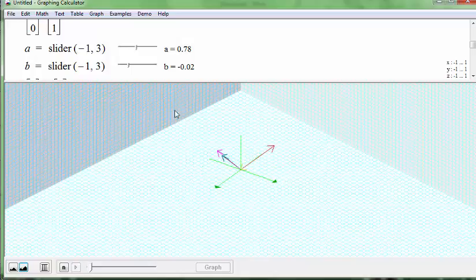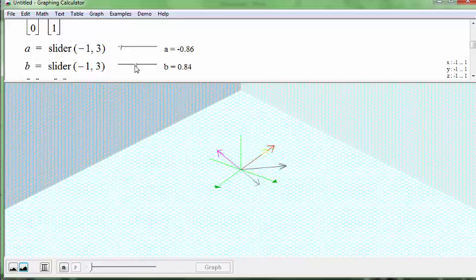So if you imagine these two vectors, they span a plane. Okay, so now that black vector that's moving between those two vectors would describe any vector that is a linear combination of those two.